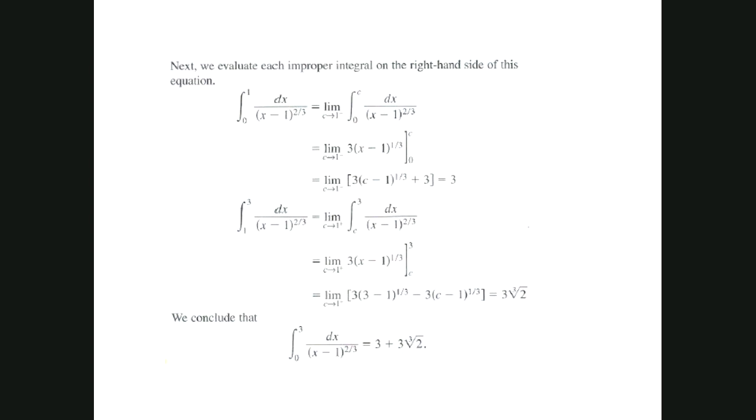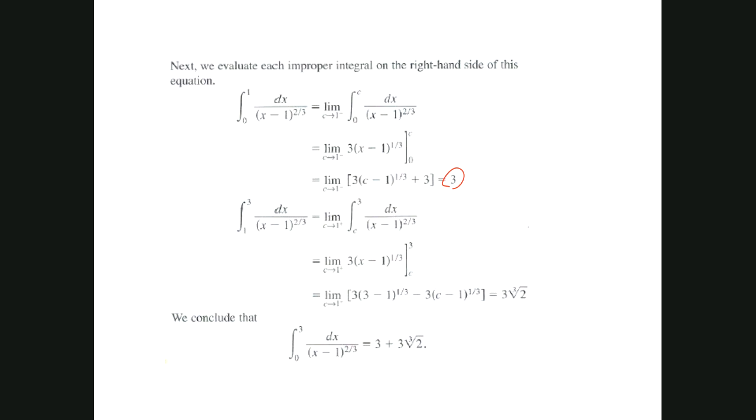So we take our integral. Our integral is 3(x minus 1) to the 1/3. And we're going to plug in c. So we end up with 3(c minus 1) to the 1/3 plus, and if we put 0 in here, we end up with 3. So the limit is going to be 3 when we're going from 0 to c.